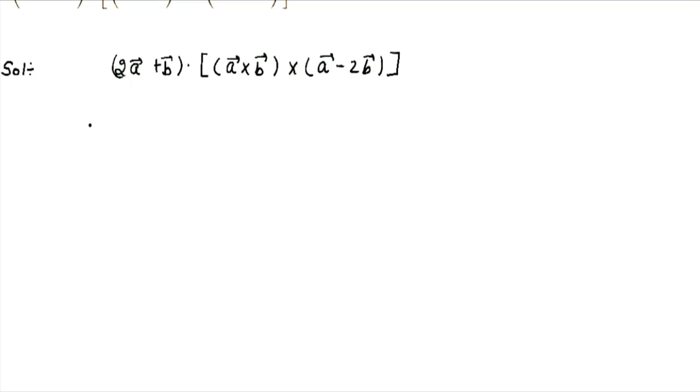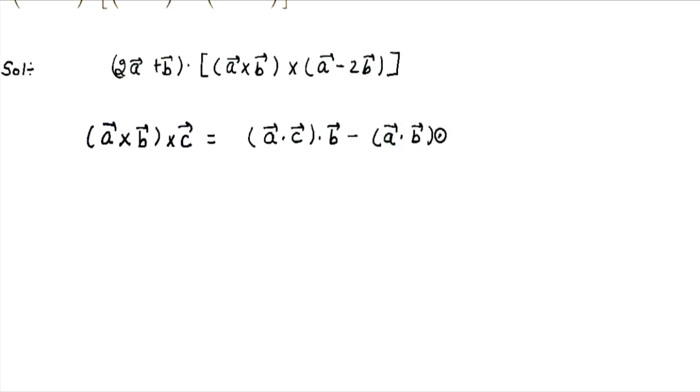The vector triple product is A vector cross B vector cross C vector, which is equal to A vector dot C vector times B vector minus A vector dot B vector times C vector. This is the vector triple product method. Now we have to solve the given equation using it.